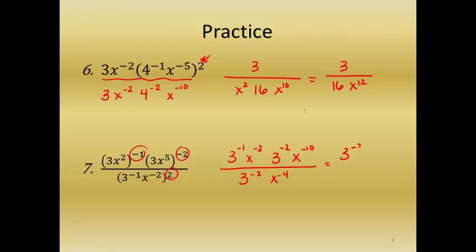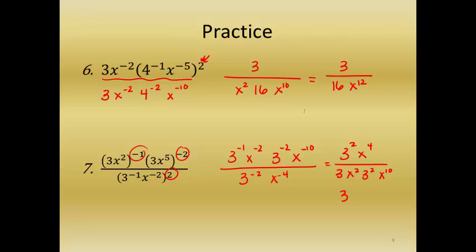That's going to be 3 to the negative, or 3 to the, let me erase that. I don't even want it on there. There we go. 3 squared is up on the top and x to the fourth is up on the top. And then my 3 and x squared and 3 squared and x to the 10th. Then I'm going to start combining things in the denominator.